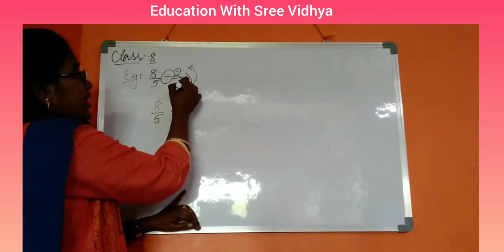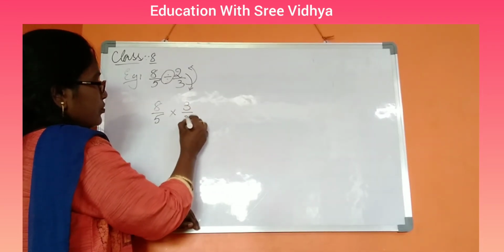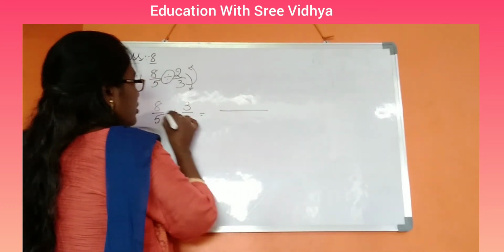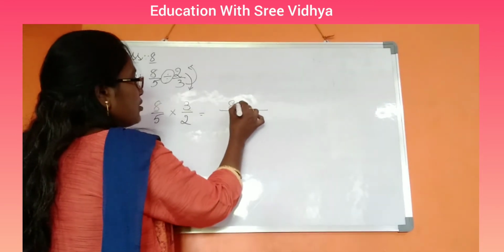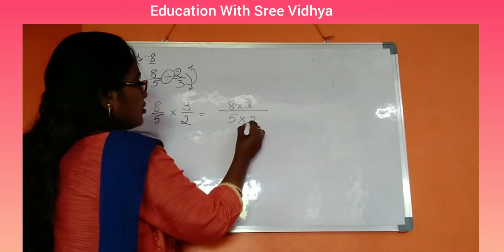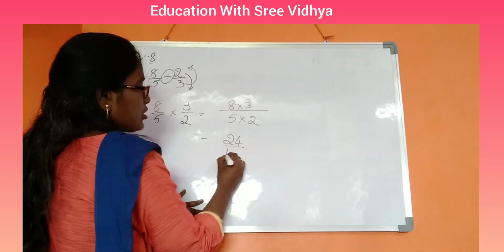So 2 by 3 will become the reverse, 3 by 2. And the same as usual, the product of numerators divided by the product of denominators. 8 3s are 24, 5 2s are 10.